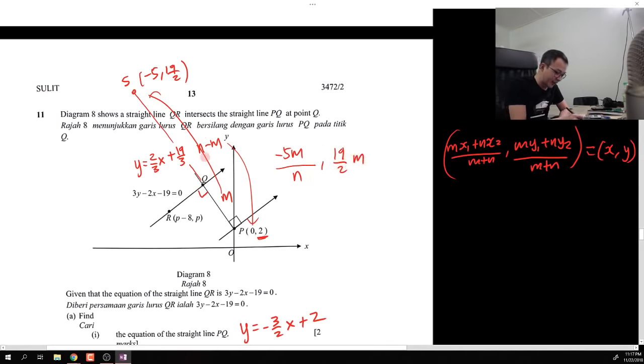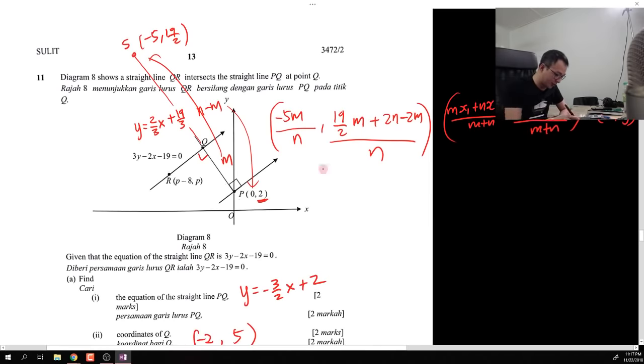And the n minus m multiplied by this one, so I will plus 2n minus 2m, over n, will equal the coordinate Q.